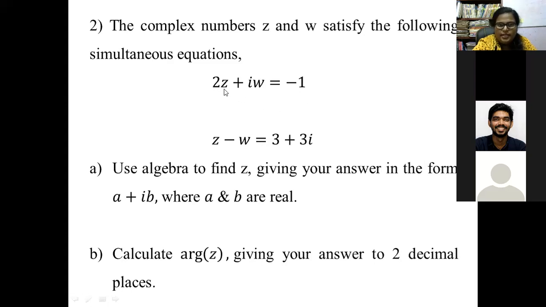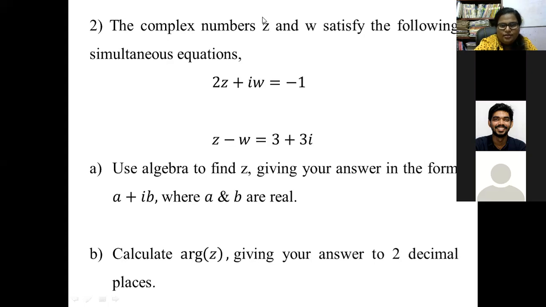In previous lessons the variables were X, Y, Z and we had real numbers, but here Z and W are the variables and they are complex numbers. The first part of this question says: use algebra to find the complex number Z, giving your answer in the form a plus ib, where a and b are real. We'll see how to solve this one.